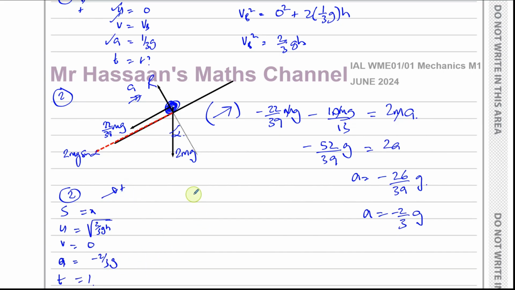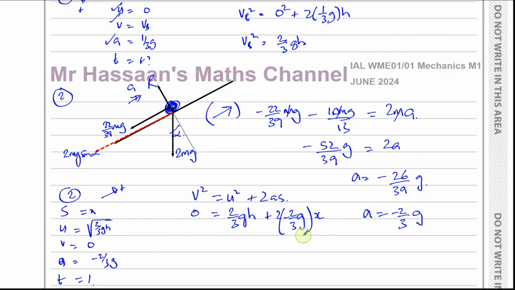So as I suspected, we're going to use v squared equals u squared plus 2as. Now we know v is 0, so that's 0 equals u squared, which is basically just 2/3 gh, plus 2 times acceleration, which is minus 2/3 g, times s, which I've called x.